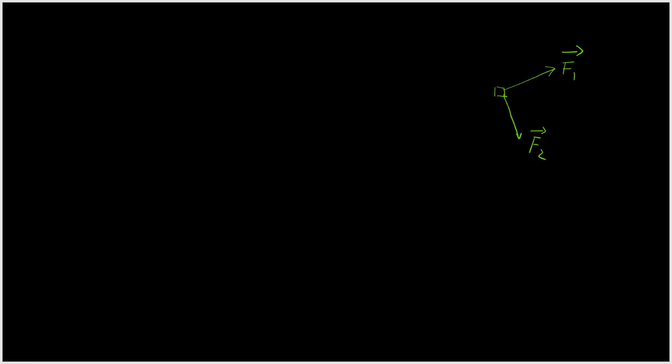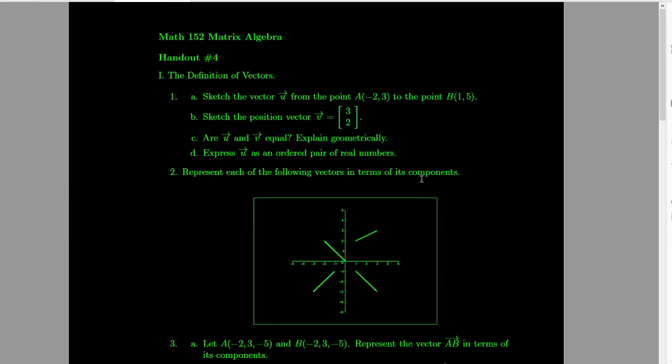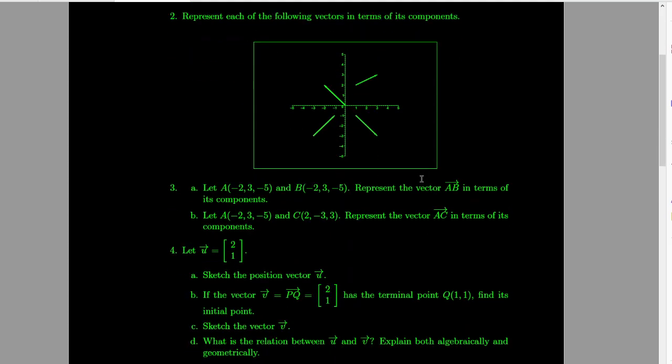You're going to see the object going that way. That way is going to be the sum of the two forces. Very shortly, we are going to have a more precise interpretation of the meaning. For the geometric meaning, I want to use some questions on the handout.